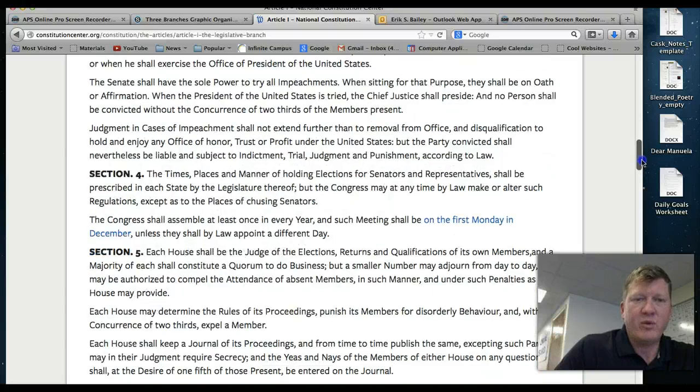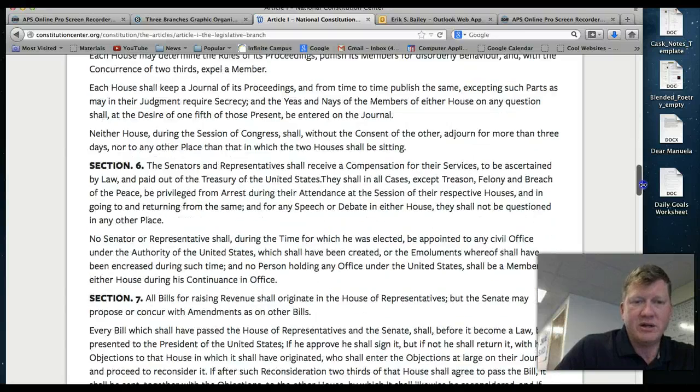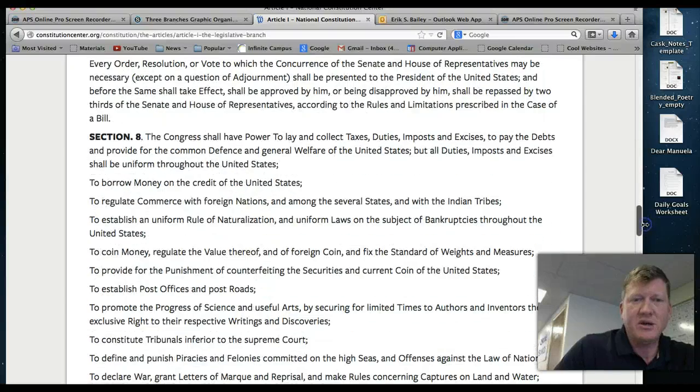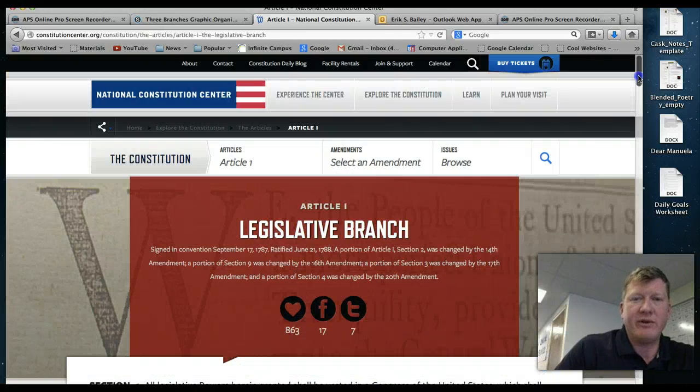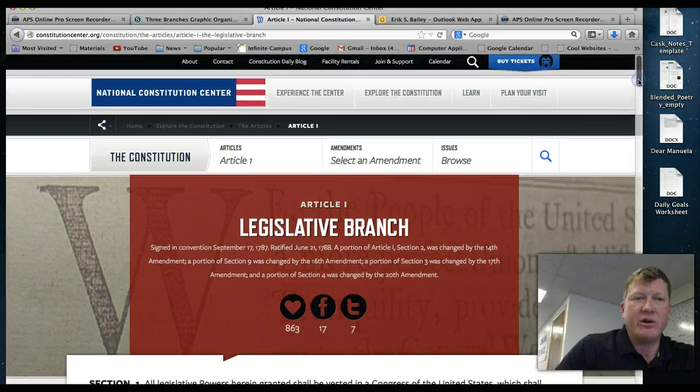The responsibilities are down here in section 8: Congress shall have the power to collect taxes, duties, imposts and excises, to pay debts. These are all the responsibilities of Congress, the legislative branch, and it's set up that way for every one of the articles.